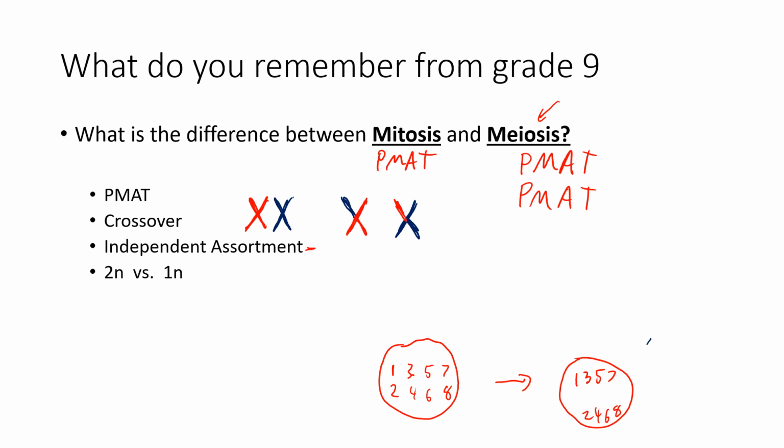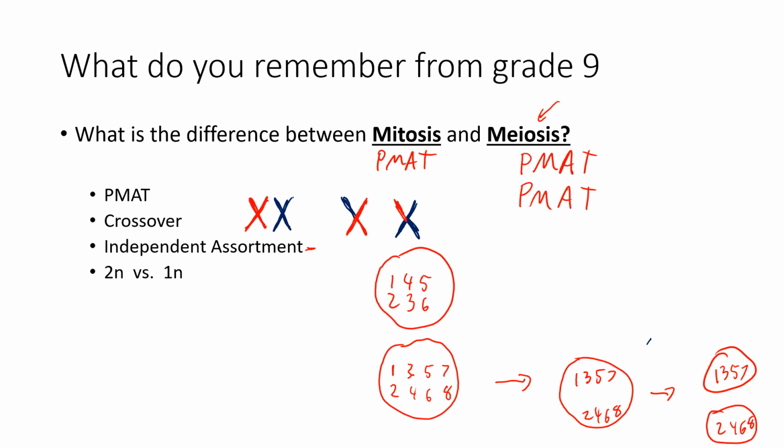So this would turn into one sperm cell and another sperm cell of 1, 3, 5, 7, and 2, 4, 6, 8. But on a different sperm cell, let's imagine they lined up like this: 1, 2, 4, 3, 5, 6, and like that. They're still lined up across from their proper pair, but this one would be 1, 4, 5, 8, and this sperm cell would turn into 2, 3, 6, 7.